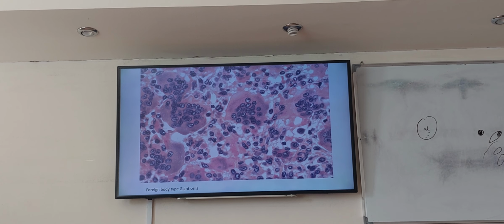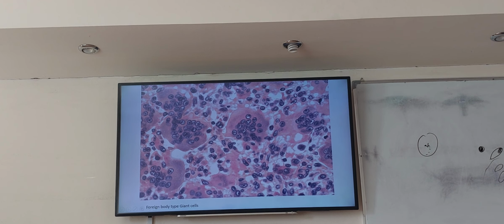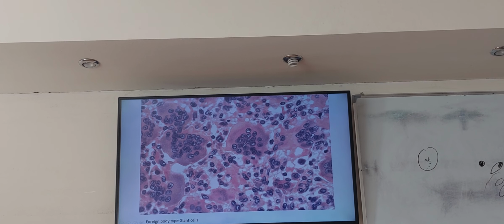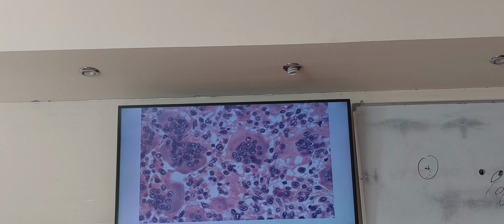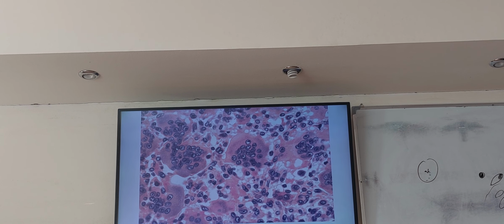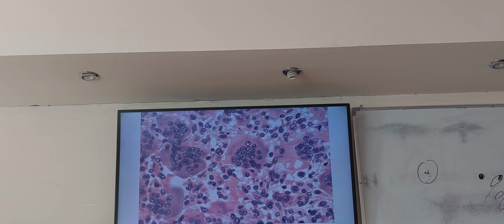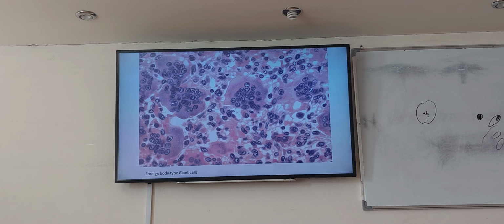Now, what is this? Foreign body. In foreign body, look, you don't see very much epithelium. It's just histiocytes. And as I said, it is ill-defined, and your diagnosis will come from these multinucleated giant cells of foreign body type.